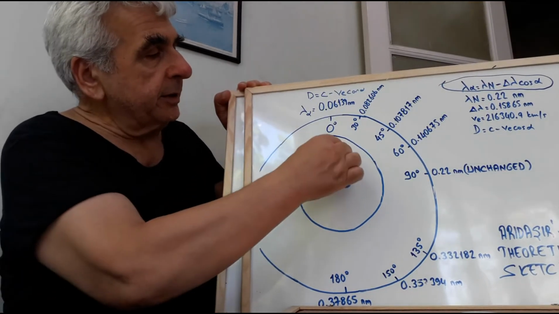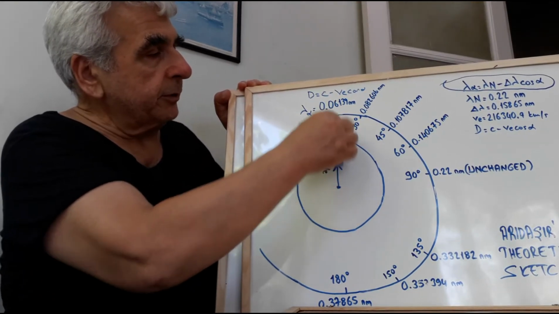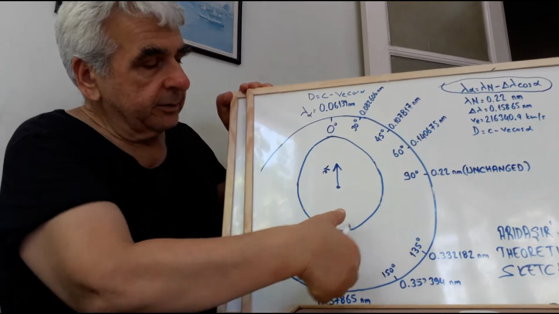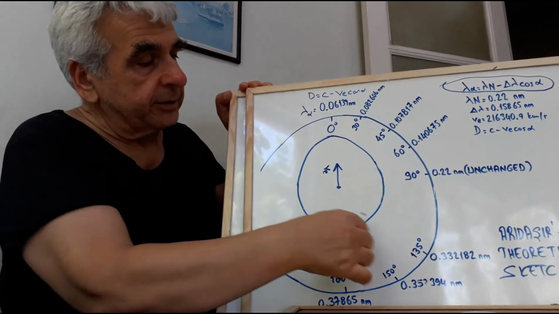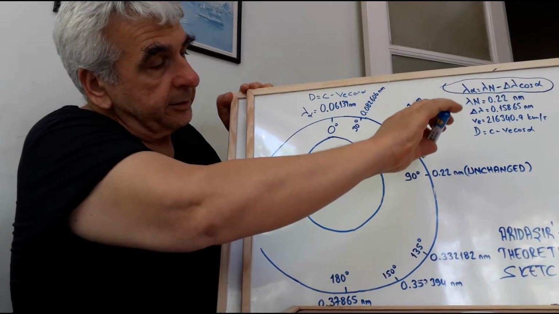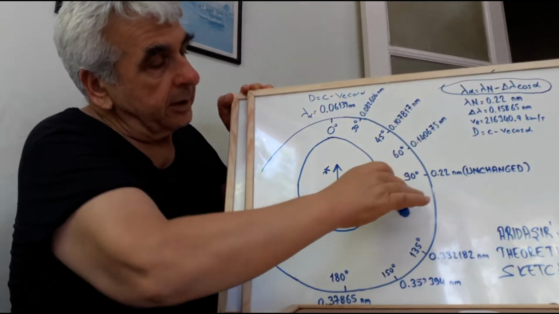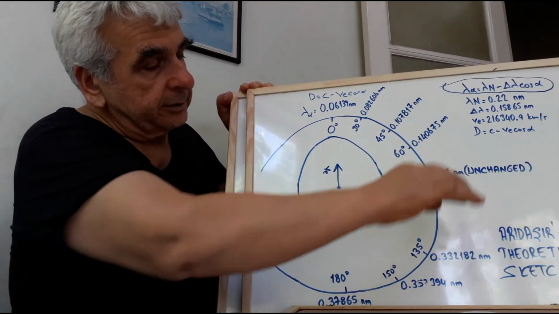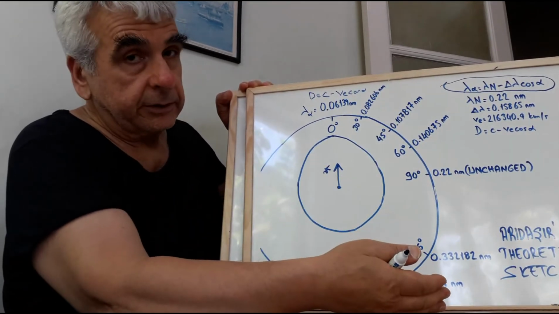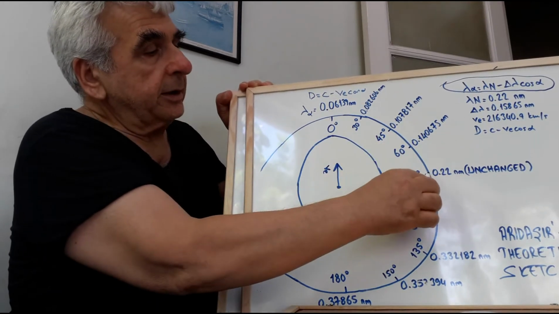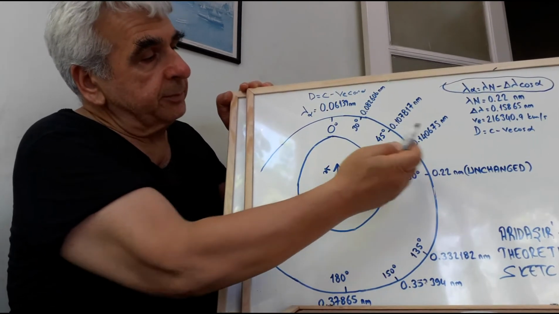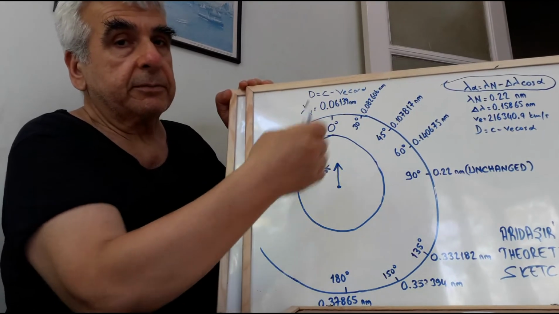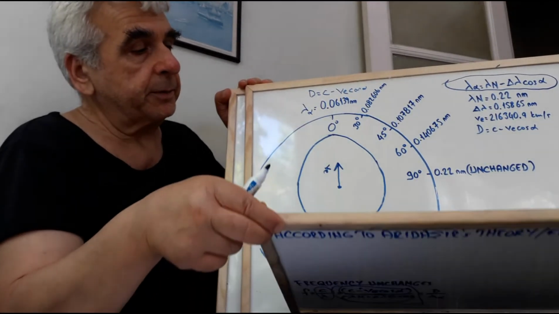It means this point's velocity is the smallest velocity, this point's velocity is the highest velocity, and under the upper 90 degrees, greater velocity, and smaller than 90 degrees, small velocity with respect to the speed of light.